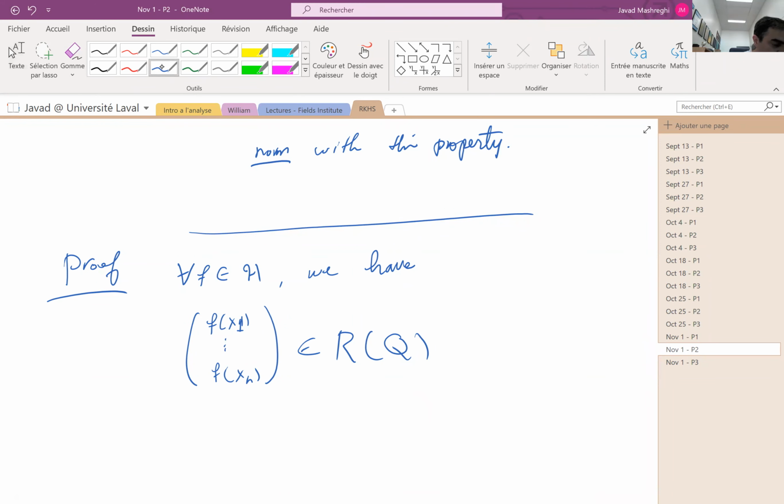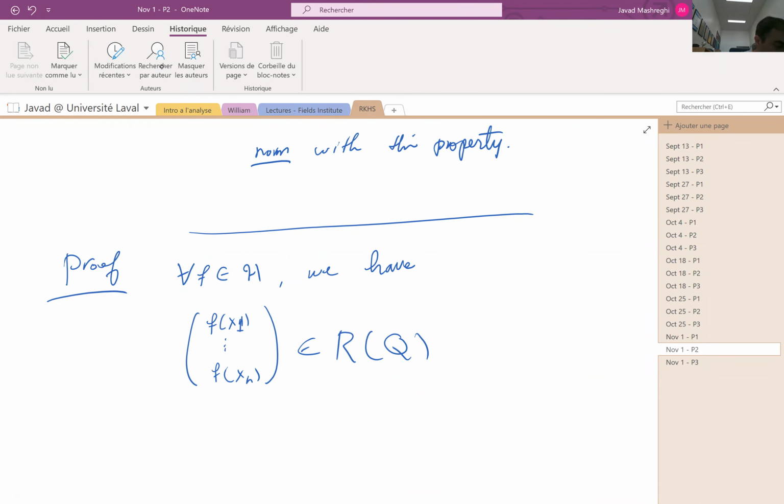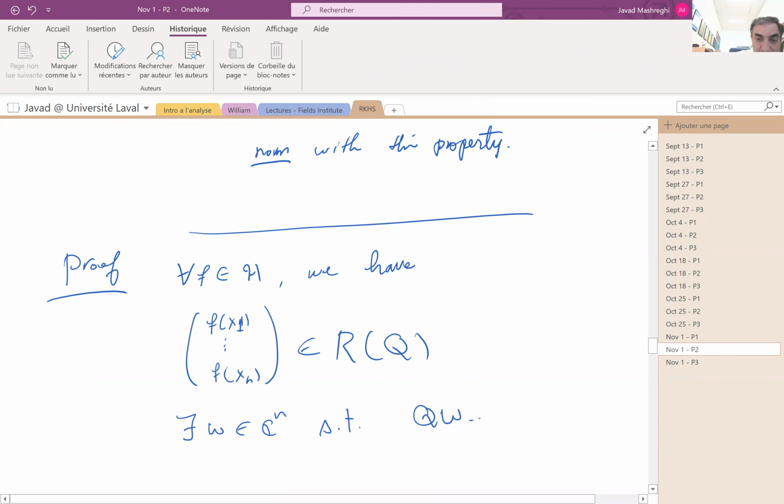Then there is a vector W in Cn such that QW is our lambda, and our lambda here is f of x1 up to f of xn.